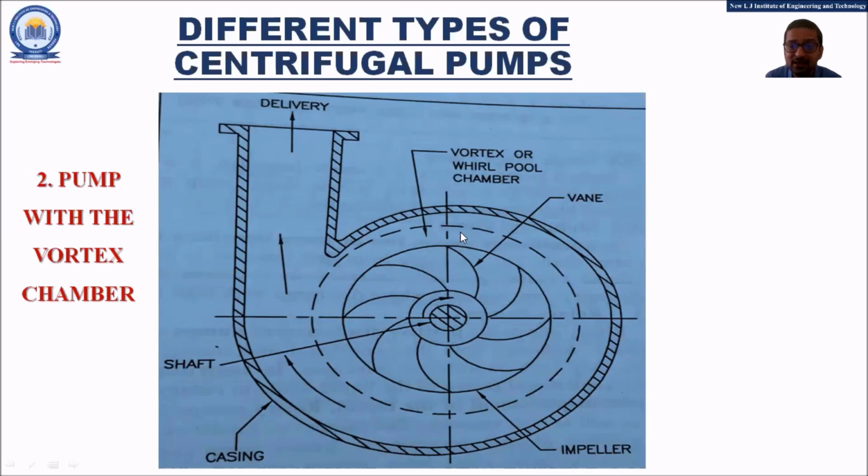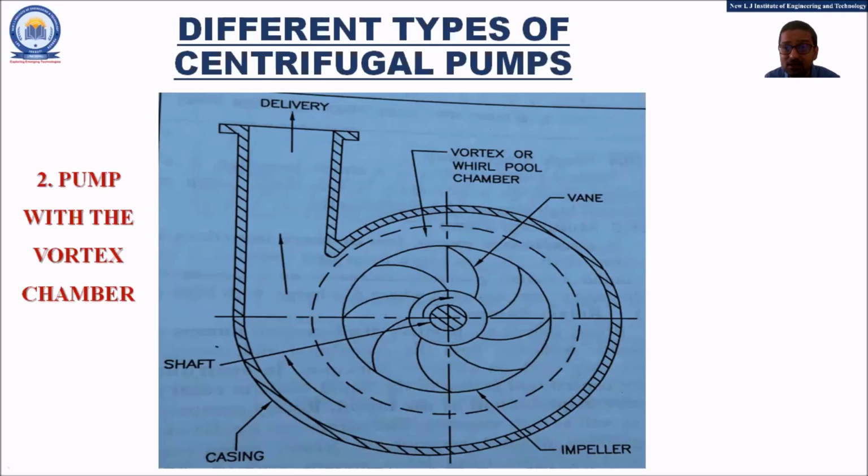So as the liquid is moving in the whirlpool chamber, the stagnant chamber, there will be the decrease in the kinetic energy, and this decreased kinetic energy of the liquid is then passed on to the casing, and now the conversion of the kinetic energy into the pressure energy will be more in case of the pump with the vortex chamber.